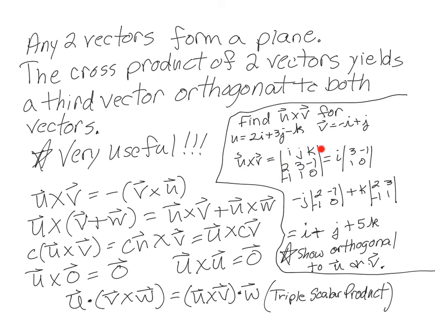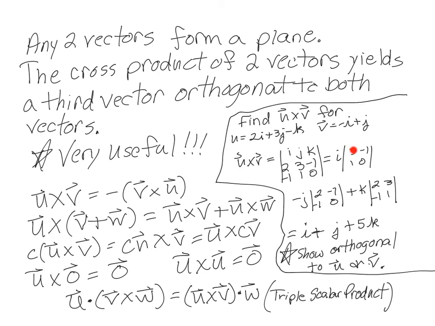So the minor for i is this little matrix here, 3, minus 1, 1, 0. j is in the minus spot, so minus j times this, marking out that column and that row. You've got a 2, minus 1, and a minus 1, 0. And then the k is in the plus place. You get this little minor right here.